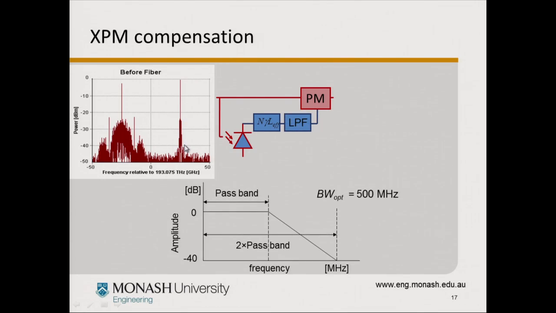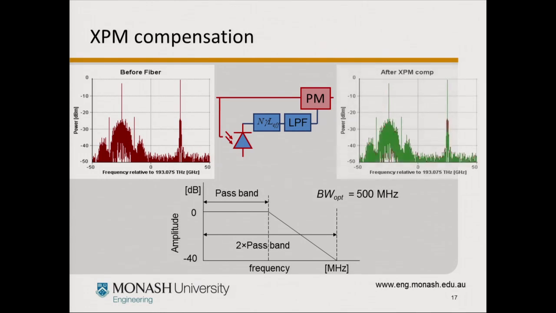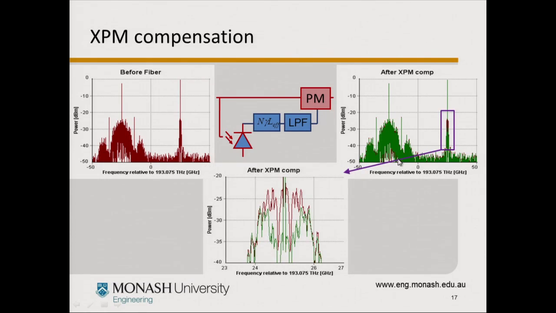So we need this low-pass filter to be rather narrow, on the order of hundreds of megahertz for 10 or 100 gigahertz signals. You can see here that by using this low-pass filter, we can clean up what should be an unmodulated probe a little bit.